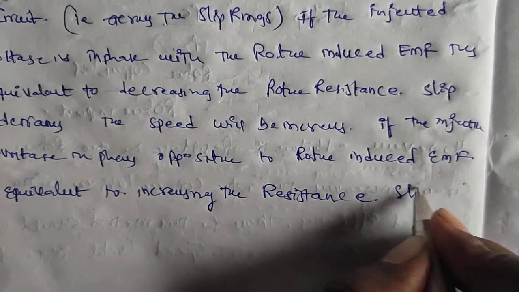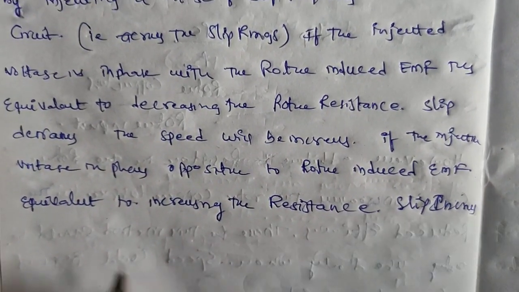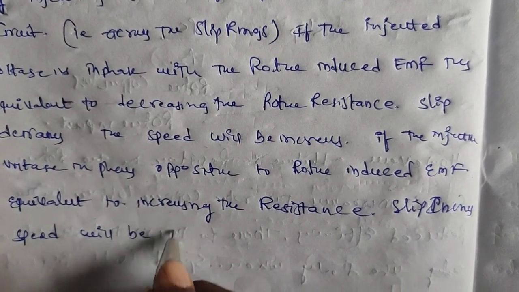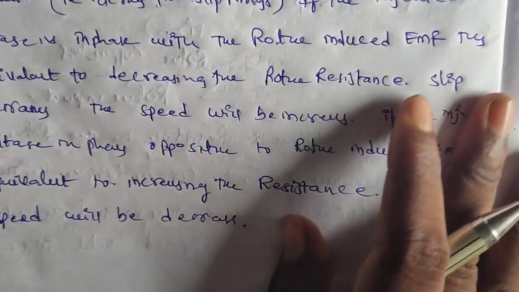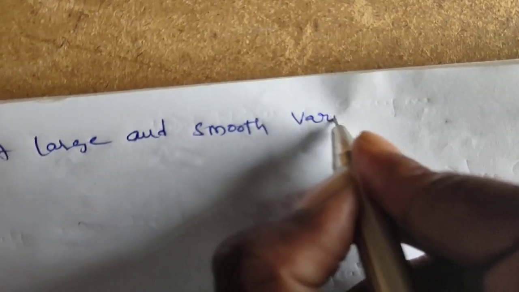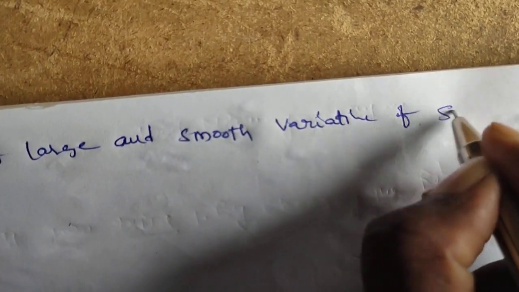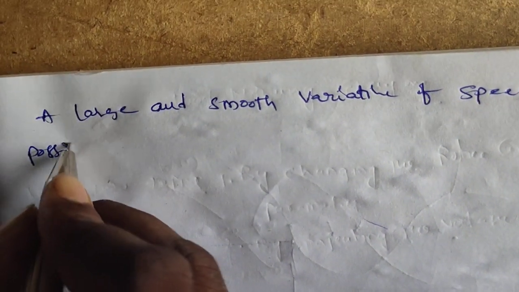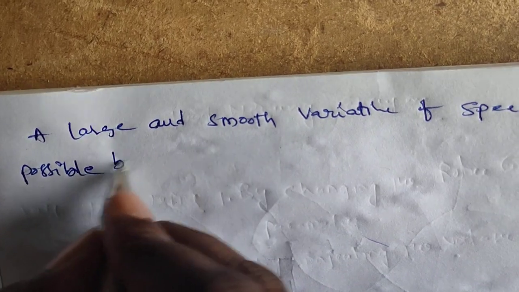If the resistance increases, the slip increases and the speed decreases. So a large and smooth variation of speed is possible by this method.